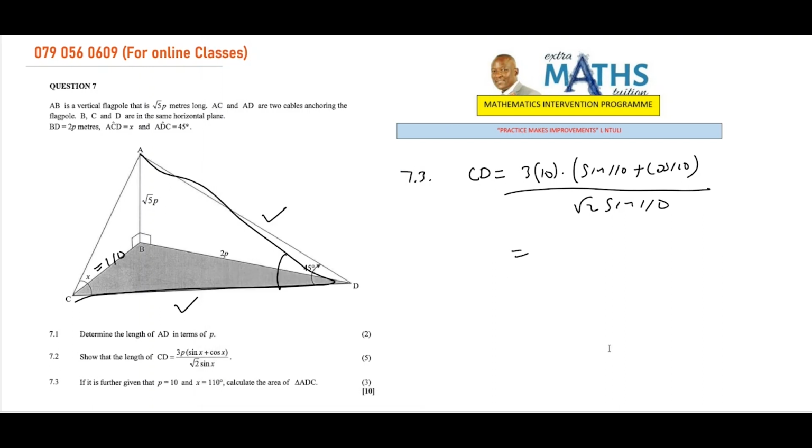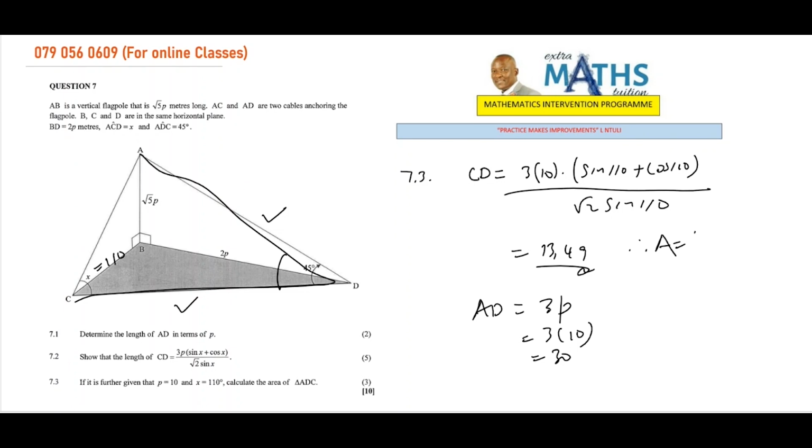It is 13,49. Okay. Remember that we said AD is equal to 3p. It means it will be 3 times 10, which is 30.